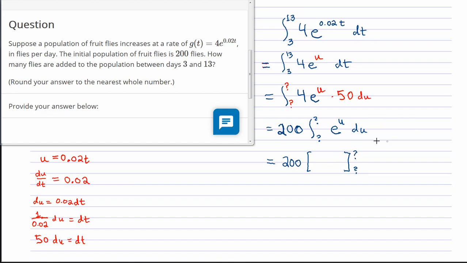So using the fundamental theorem of calculus here, I need to figure out what the antiderivative of e to the u with respect to u is.